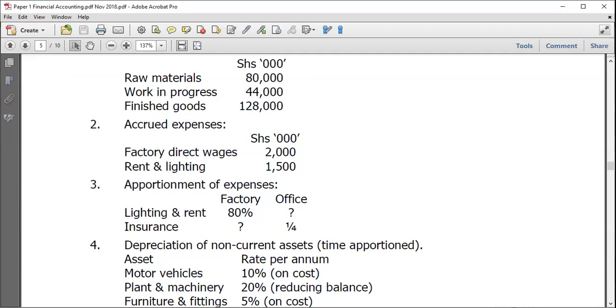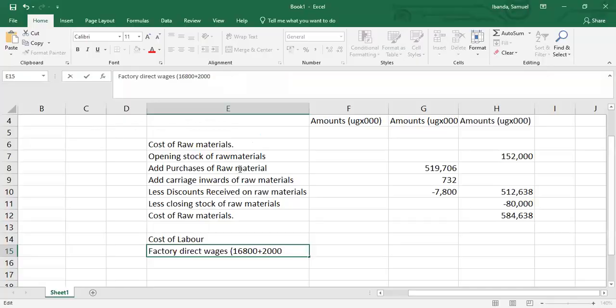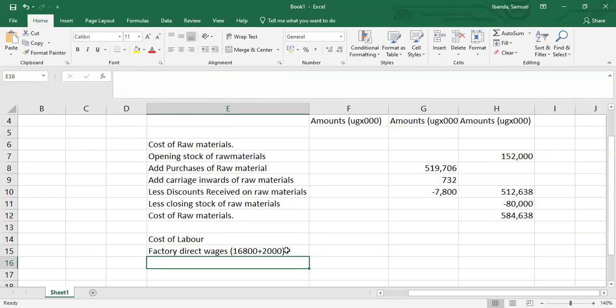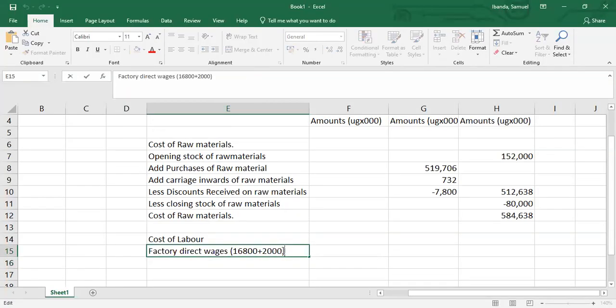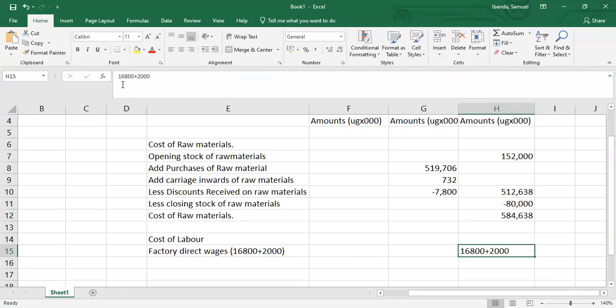So I'll add 2,000 right there. Let me pick it and put it here. That gets me to 18,800. So that is what I basically have.